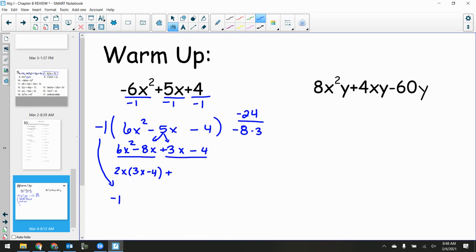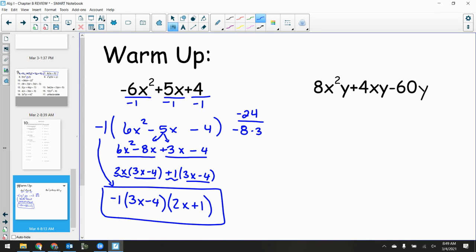Now, what do you pull out if there is no common factor? A 1. Right? Whenever you're factoring by grouping, you've got to pull out a 1 if there's no common factor. Because now I see that I've got the same thing inside my parentheses. That's one of the two factors. The other set is everything left over.